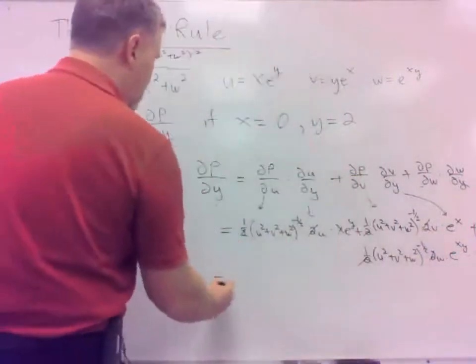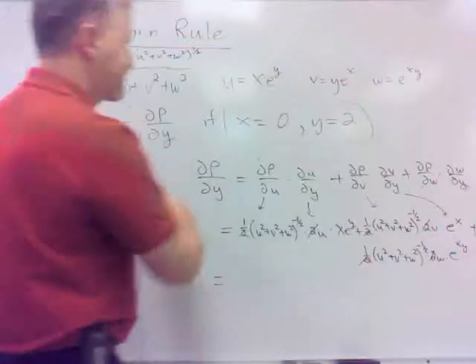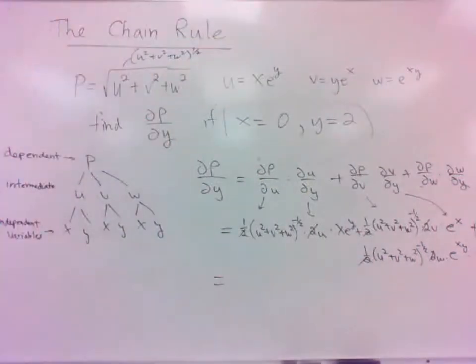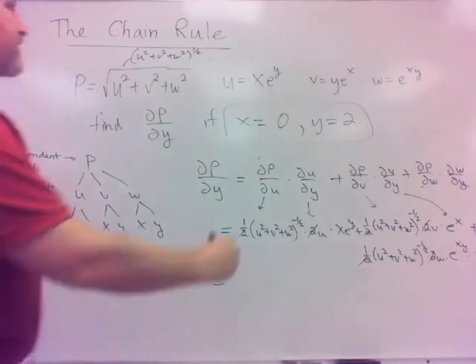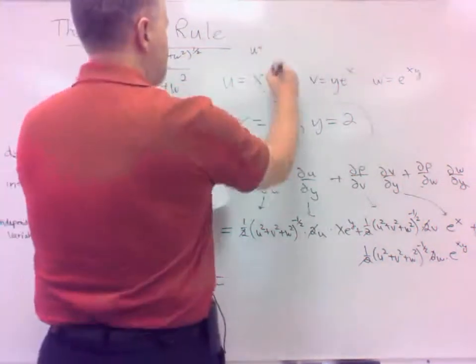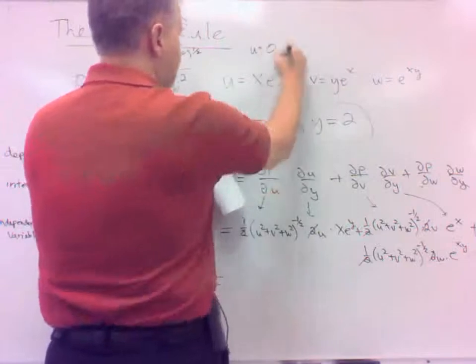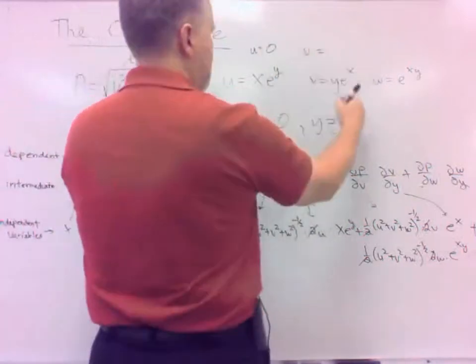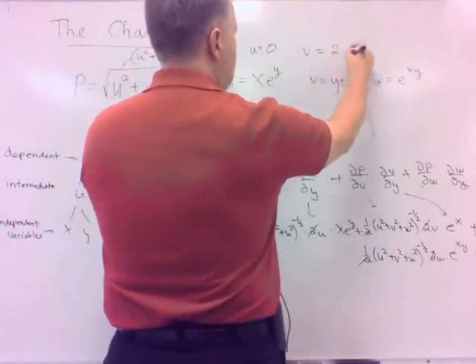But I was interested in a particular value. X is 0, y is 2. If x is 0, y is 2, what is that going to mean? Well, that's going to mean u is 0, isn't it? V is 2 times e to the 0, which is 1.